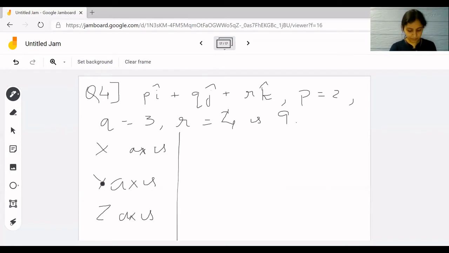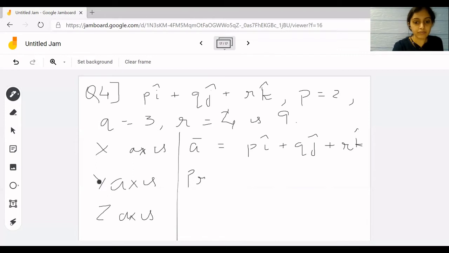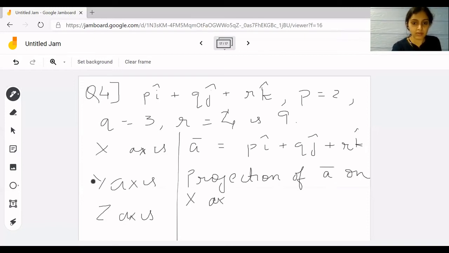Let us begin by calling this the a bar vector, equal to p i cap plus q j cap plus r k cap. The projection of any vector on the x-axis is given by a bar dot i cap upon the magnitude of i cap.